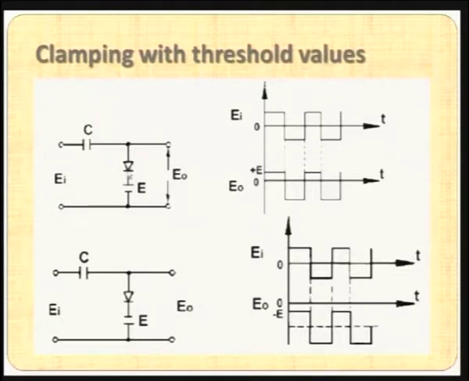So, shifting will happen with respect to the reference 0, but downwards. It has happened here. Because of this E which is connected in this manner, it is not shifted completely, it is shifted to some extent, keeping the E naught here, because it is already present in the output terminal.